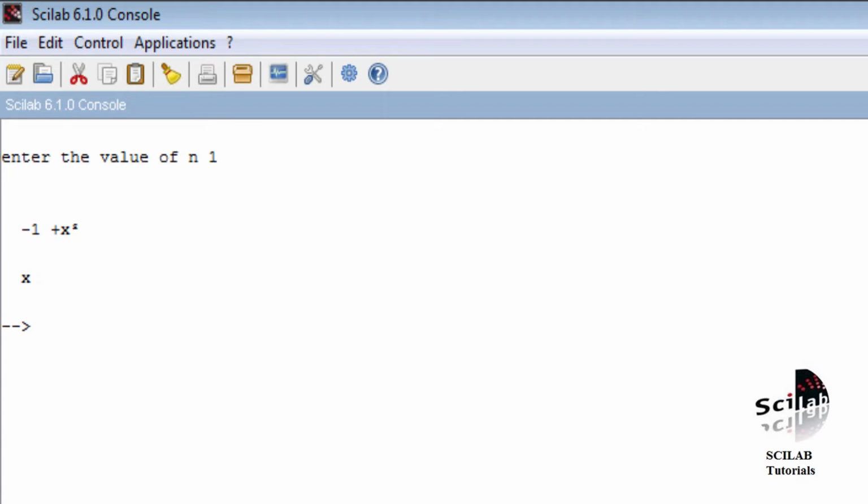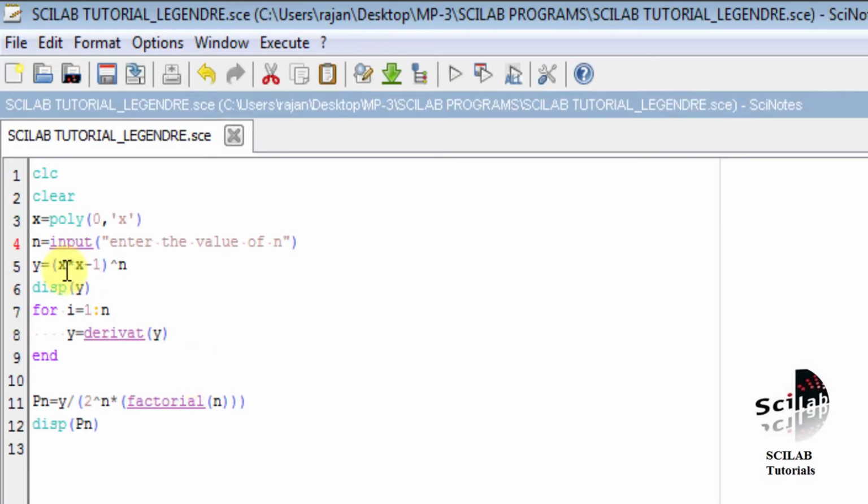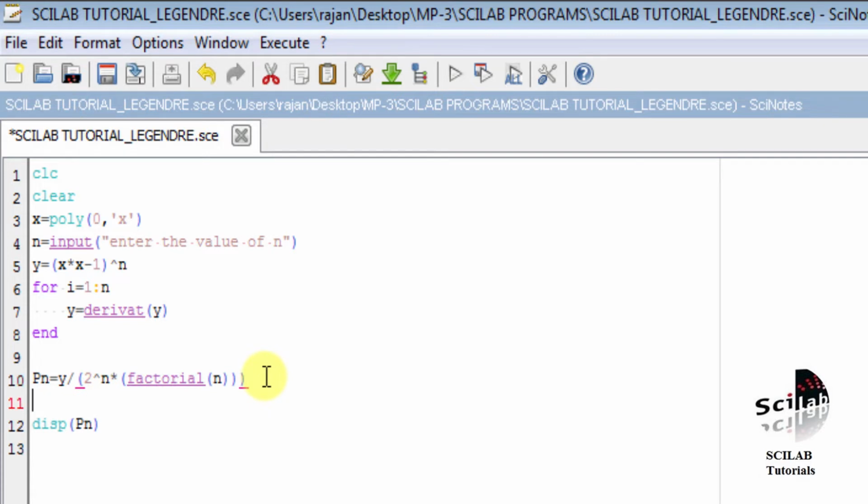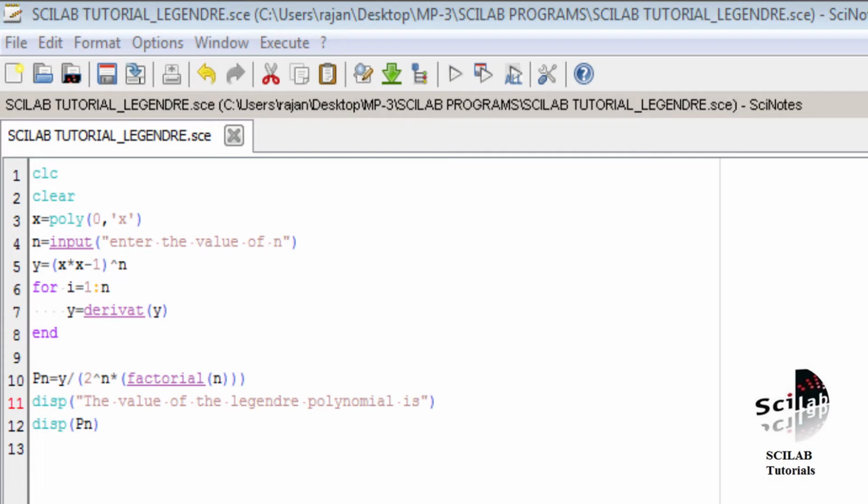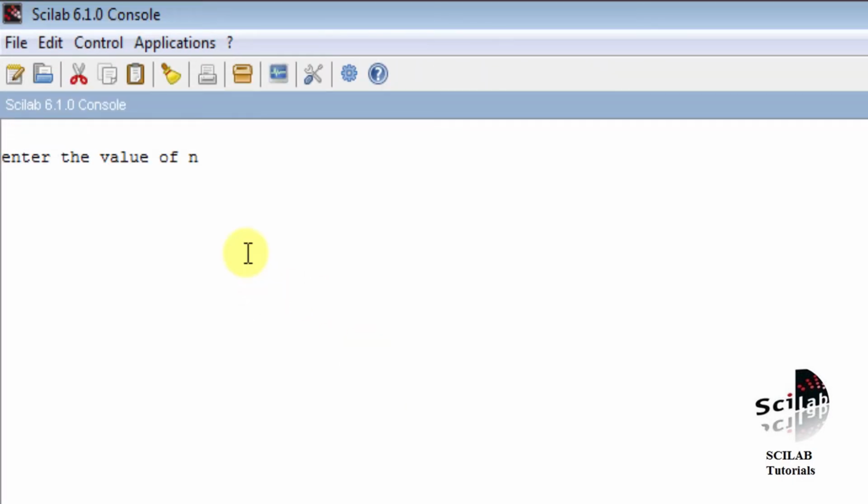So let us beautify our code. As we know that we are getting the correct value of the expression (x square minus 1) whole to the power n, we can remove this and we will write in double quotes, the value of the Legendre polynomial is. Now we will run the program and let's see what we are getting. The program is asking us to enter the value of n.